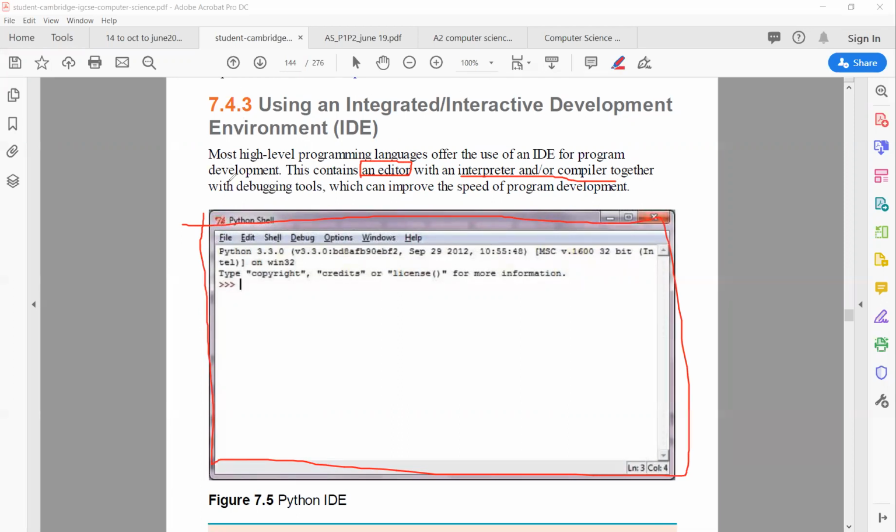And a few debugging tools, where the programmer can trace errors by using these tools, and then correct them. These features improve the speed of program development. If these features are not available, then the programmer will take a long time to develop the program.